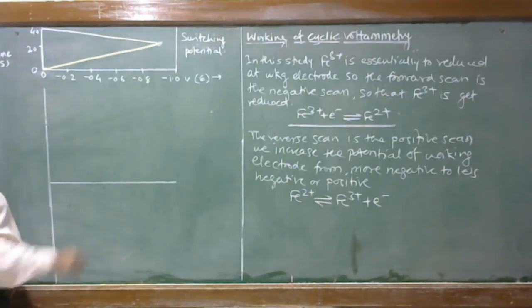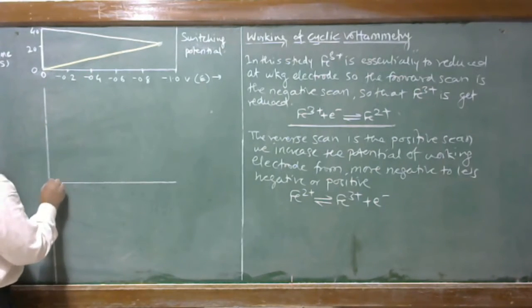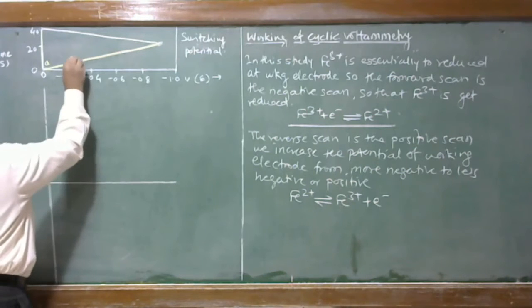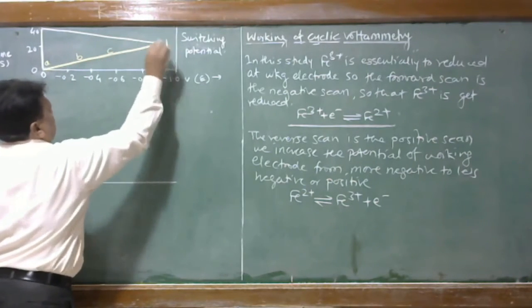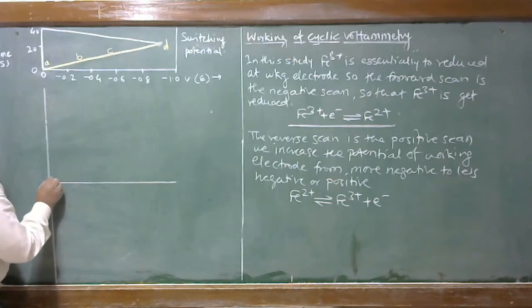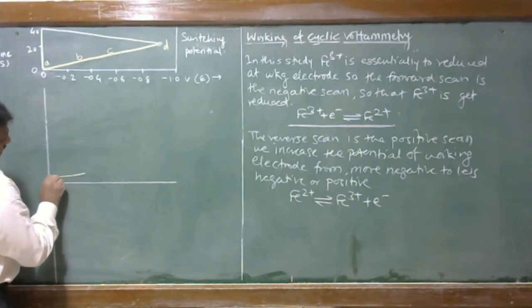Here as we are increasing the potential of this working electrode, suppose this is point A, this is point B, this is point C, and this is point D. As we are increasing the potential of the working electrode, initially we observe a very small current flowing through this cell.